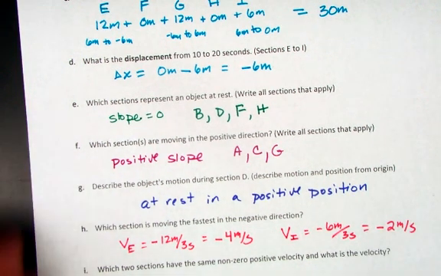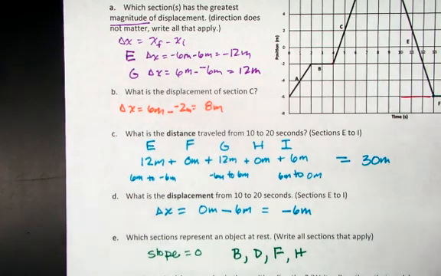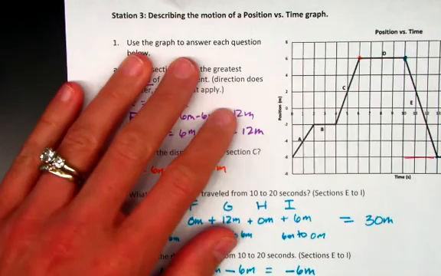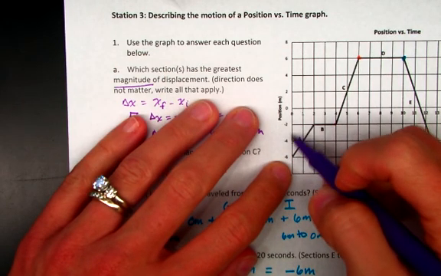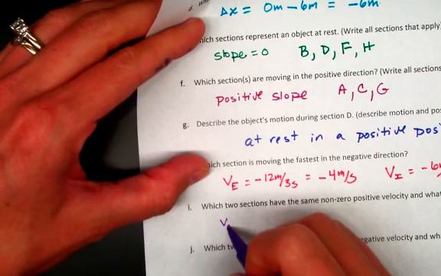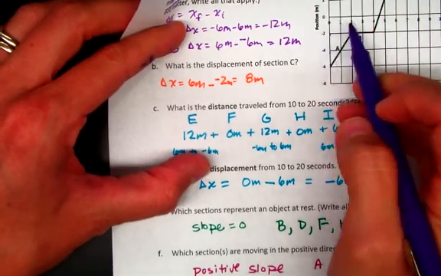Next, we're looking at which 2 sections have the same non-zero positive velocity, and what that velocity is. That means we need to look at the velocities for all the positive slopes, which are A, C, and G that we identified already. For A, we're going up from negative 6 to 2, that's up 4 meters in 2 seconds, from 0 to 2.